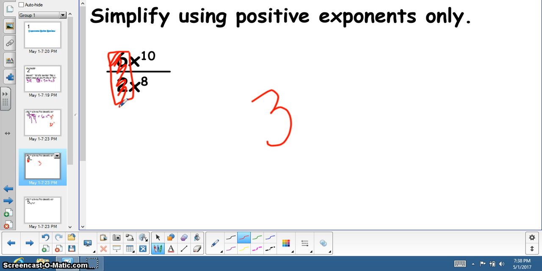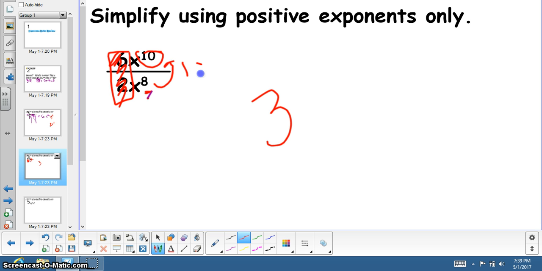Now I have these exponents. I have them with the variable x. They're the same base, and the rule is same base exponent you subtract. So I need to start where I have the bigger exponent. And I notice it's already positive, and I have this 8 in the denominator. So I need to move it up. We've reviewed this already. If I am crossing a number from the fraction bar, the sign changes.